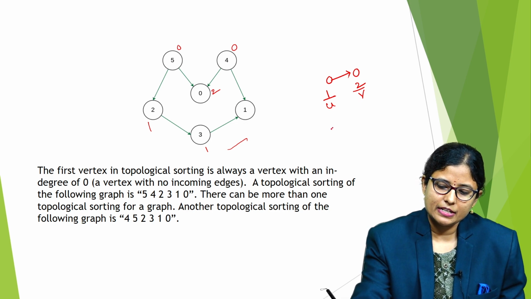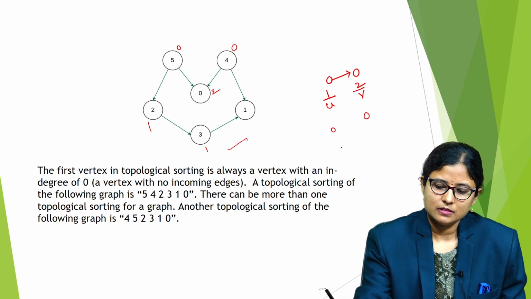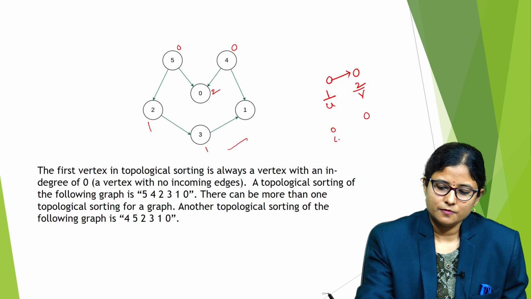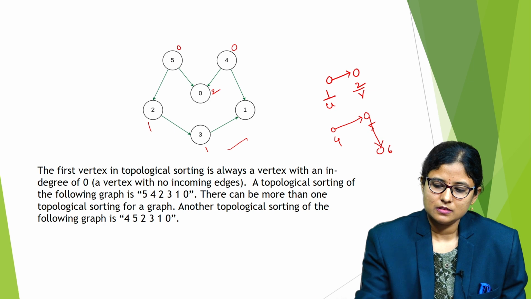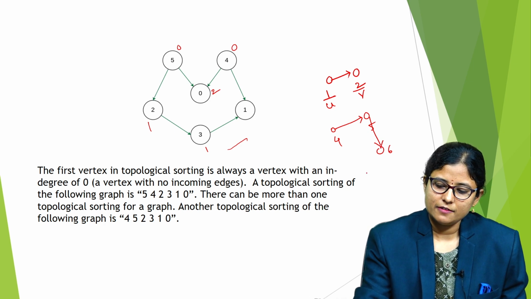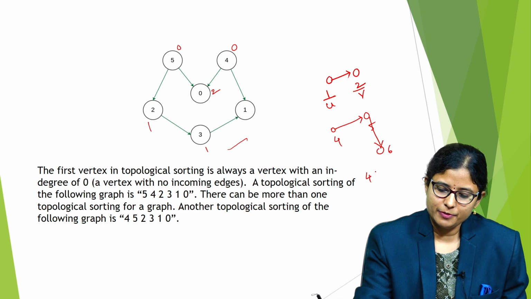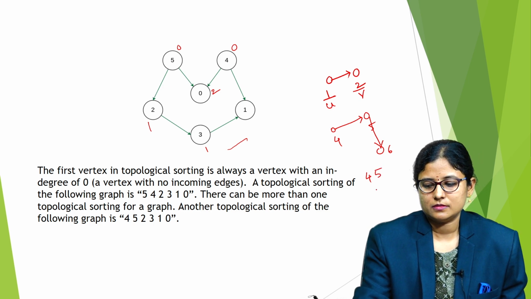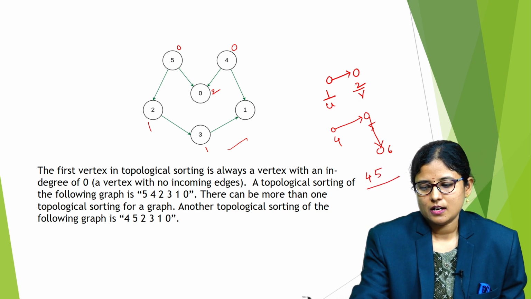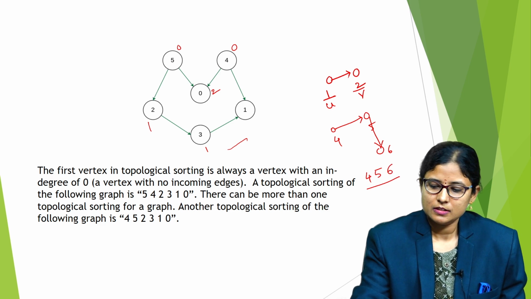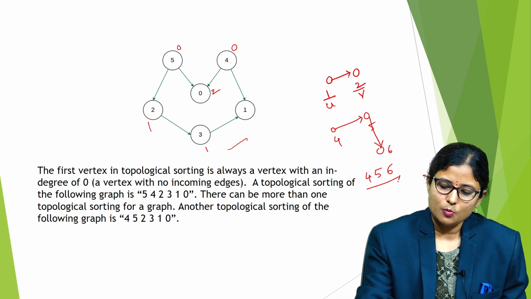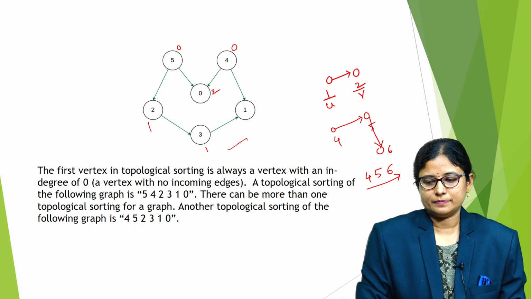Another example: if we take 4, 5, vertex 4 should always come before vertex 5 in the topological ordering. And also, vertex 5 should always come before vertex 6.